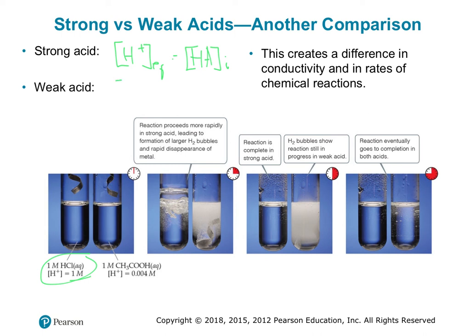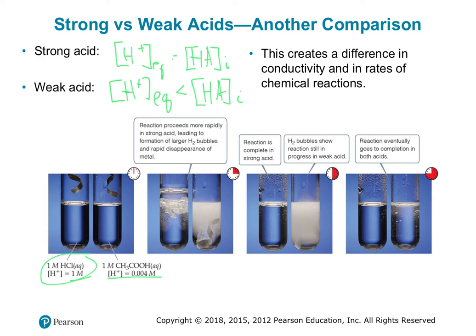Where our weak acids, our hydrogen concentration at equilibrium is generally much less than our initial acid concentration. So if we look at acetic acid, even though we make a 1 molar solution of acetic acid, we only make 4 times 10 to the negative third molar of hydrogen ions, so it's quite a bit less.